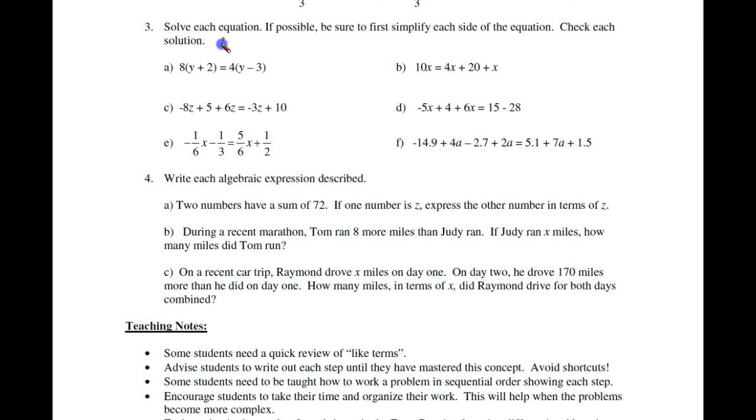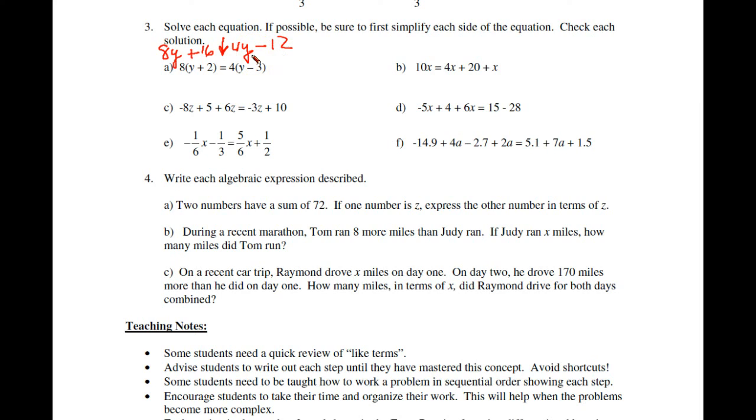But because of this equal sign, it's an equation. So when we have just an expression, we want to simplify it. When we have an equation, we want to solve it. So we start solving it, and I'll use some of the room up here. This is going to be 8y plus 16. This is going to be 4y minus 12.